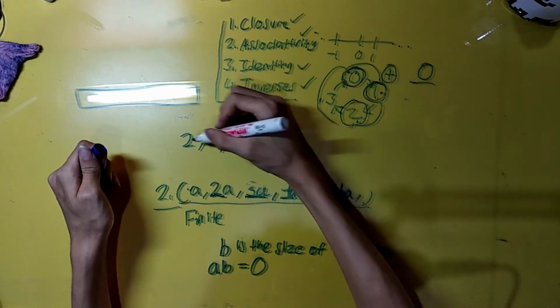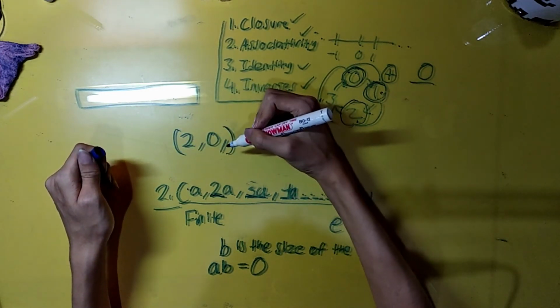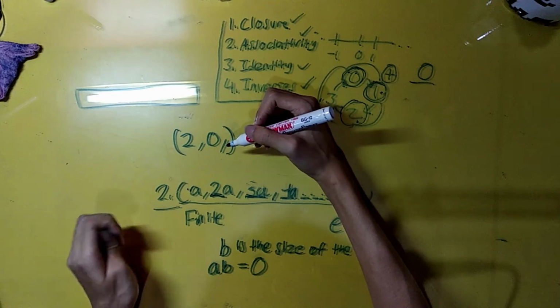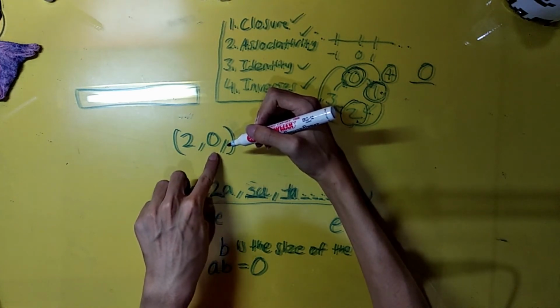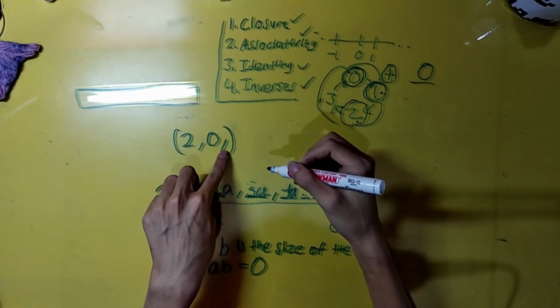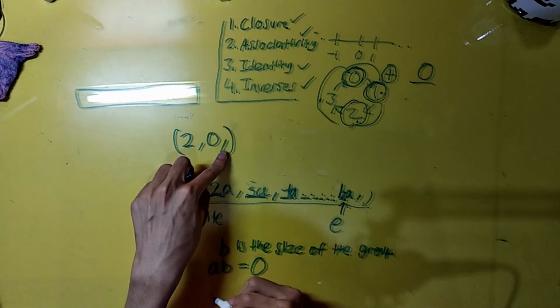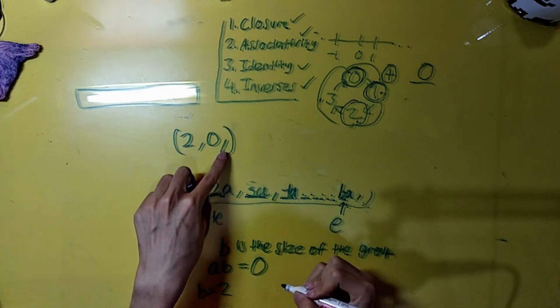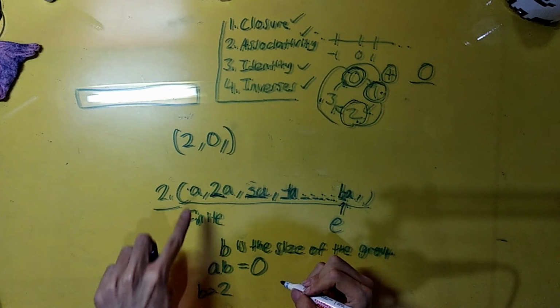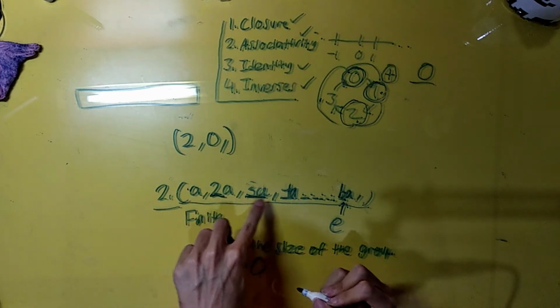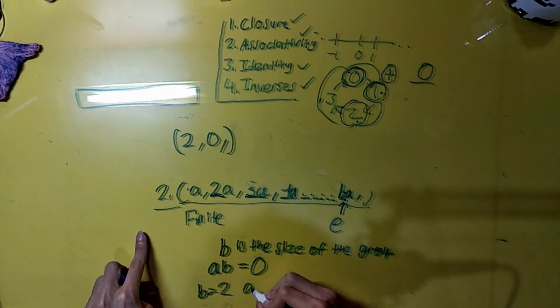And 2, 0 is our new group, right? What's the size of the group? The size of the group is 2, alright? 2 is the size of the group, so B is 2. What's A? A is the element we use to generate the group, right? A is 2.